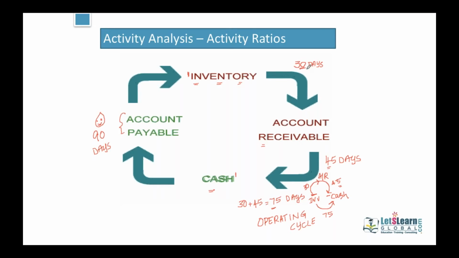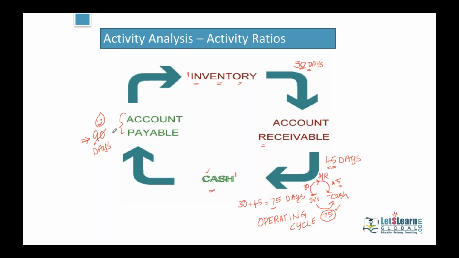If I sell goods within 30 days from the day I purchase, and collect my credit sale money in 45 days, I take 75 days to convert the inventory purchased from my supplier into cash. I'll easily pay this amount in 90 days, maybe on the 76th or 78th day, so that I may get some discount also for paying early. This is a good sign.